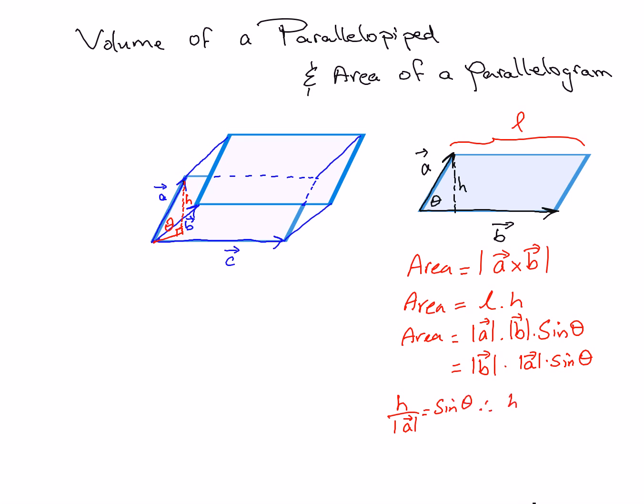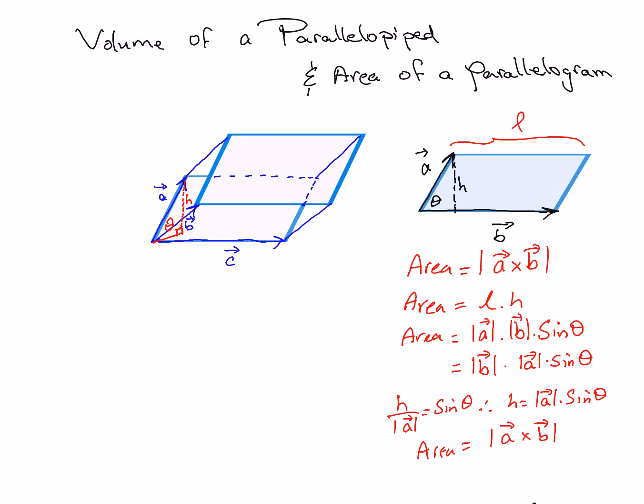Therefore, the height is equal to the magnitude of A times sine theta. As a result, vector B is the length, and H is A magnitude times sine theta. That gives us the area to be the absolute value of vector A cross vector B.